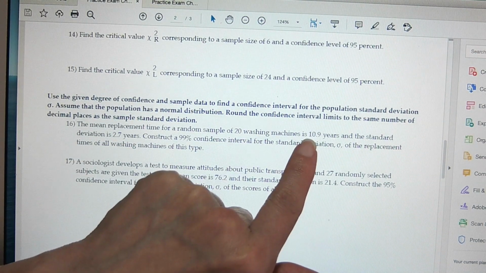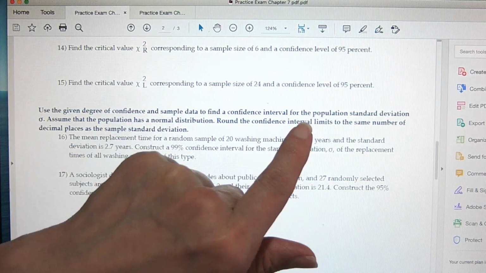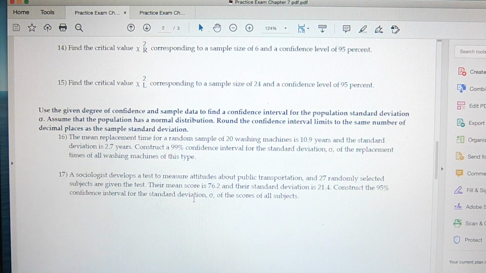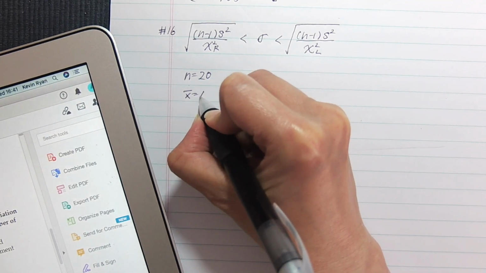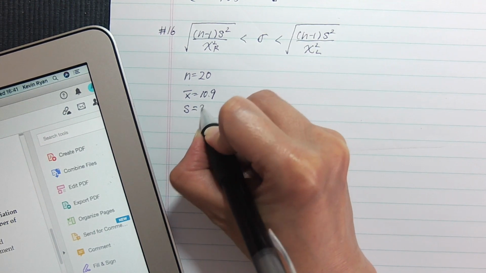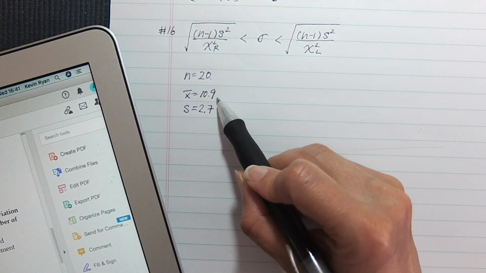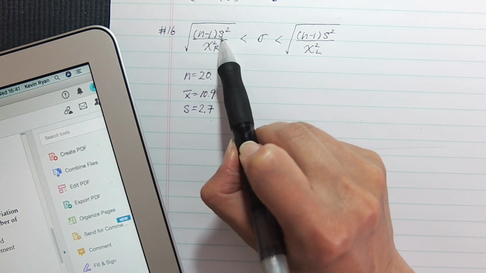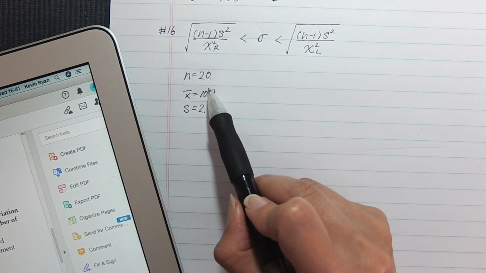Make sure 10.9 is the mean, and the standard deviation is 2.7. I don't need the mean because the formula only needs n minus 1 and s, which is 20 minus 1.